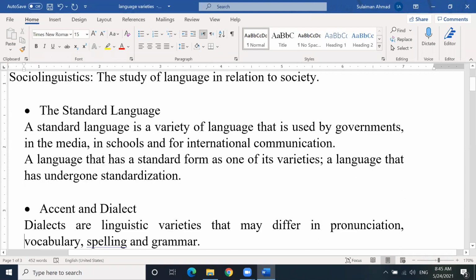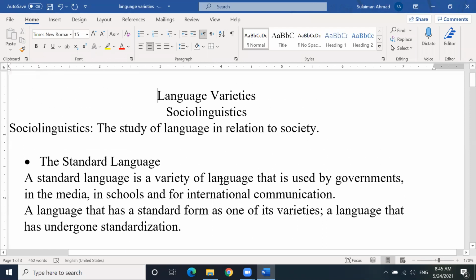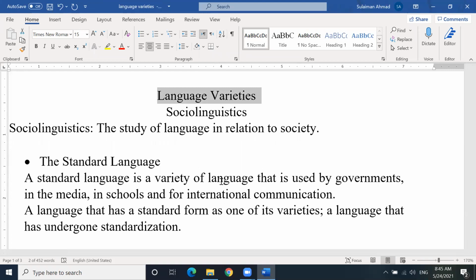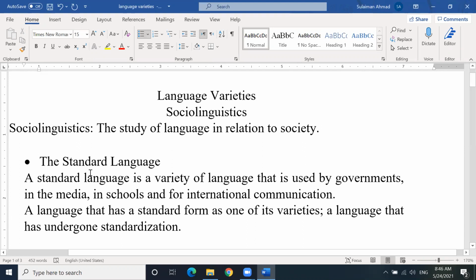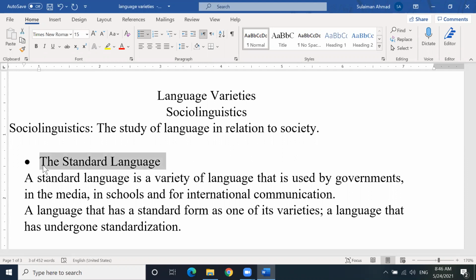So all these topics in the major topic of language varieties come under the ambit of sociolinguistics. ये sociolinguistics का एक major topic है. And sociolinguistics is a branch of linguistics which deals with the study of language in relation to society. So now, what do we discuss in language varieties?